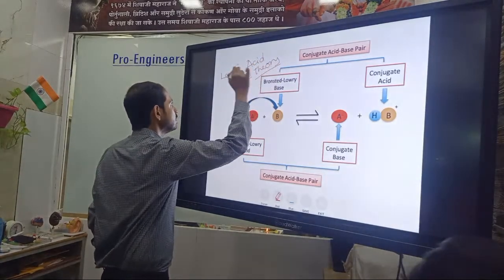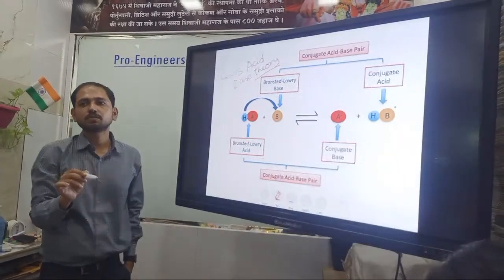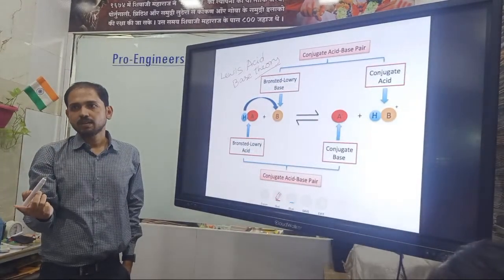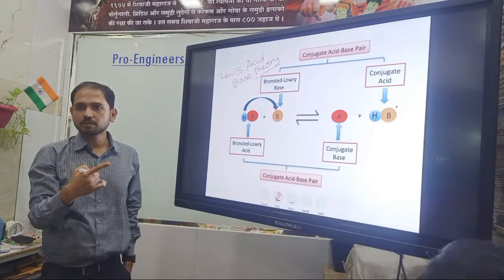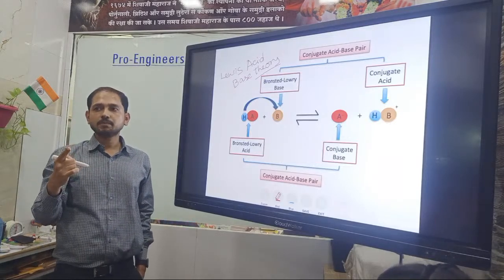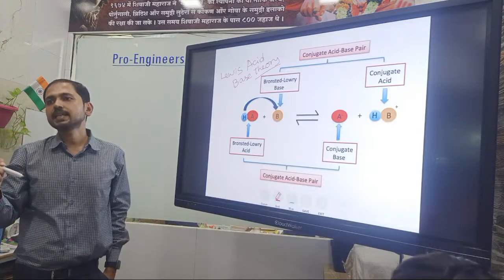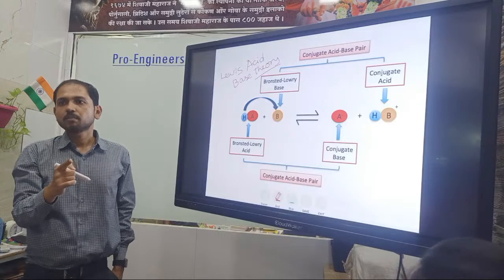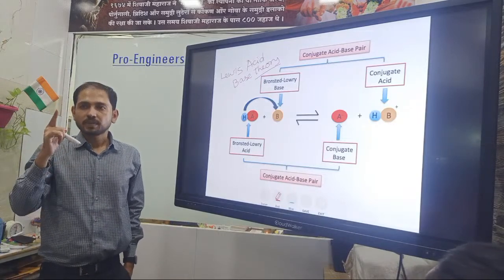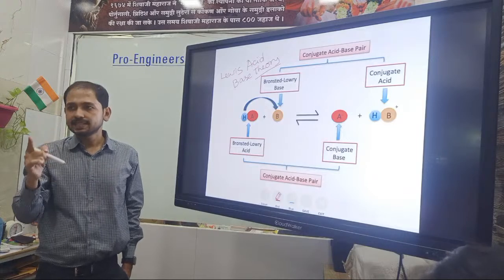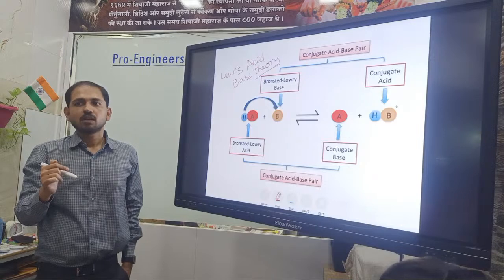Now there are some limitations. That's why we need to go for another theory. What is the limitation in the case of Bronsted acid base theory? Although Bronsted acid base theory can successfully explain the basic nature of ammonia and pyridine, it fails to explain the acidic nature of AlCl3, BCl3, those compounds.